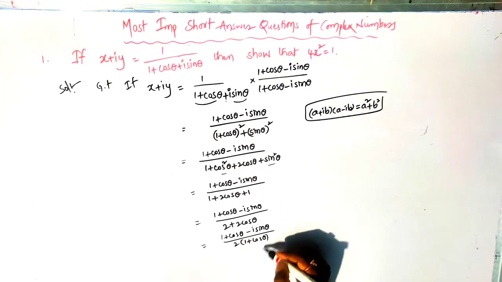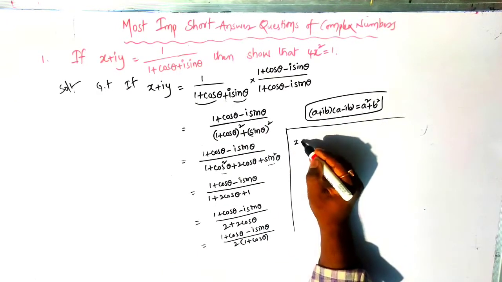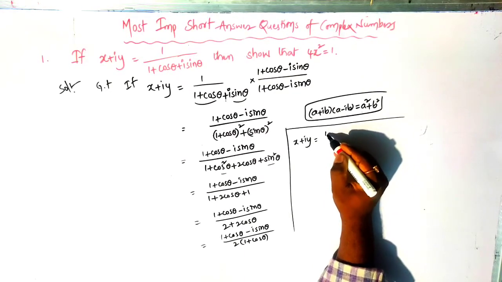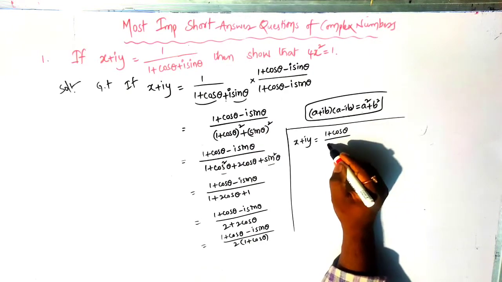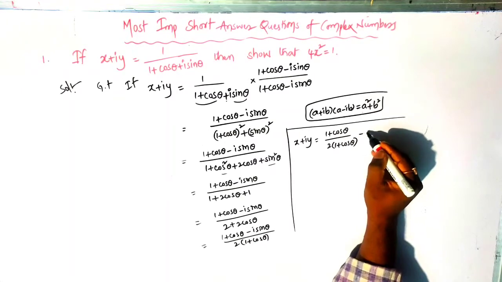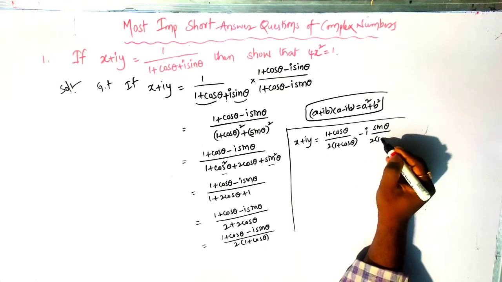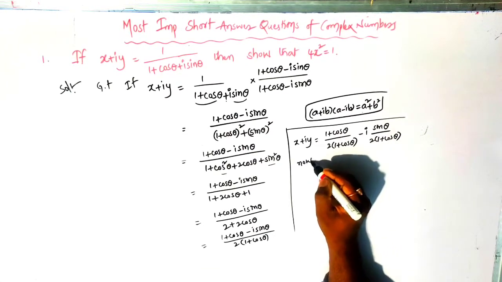So here we write x plus iy equals this one totally. So x plus iy equals 1 plus cos theta divided by 2 of 1 plus cos theta, minus i sin theta divided by 2 of 1 plus cos theta. Now we got the x value and y value.